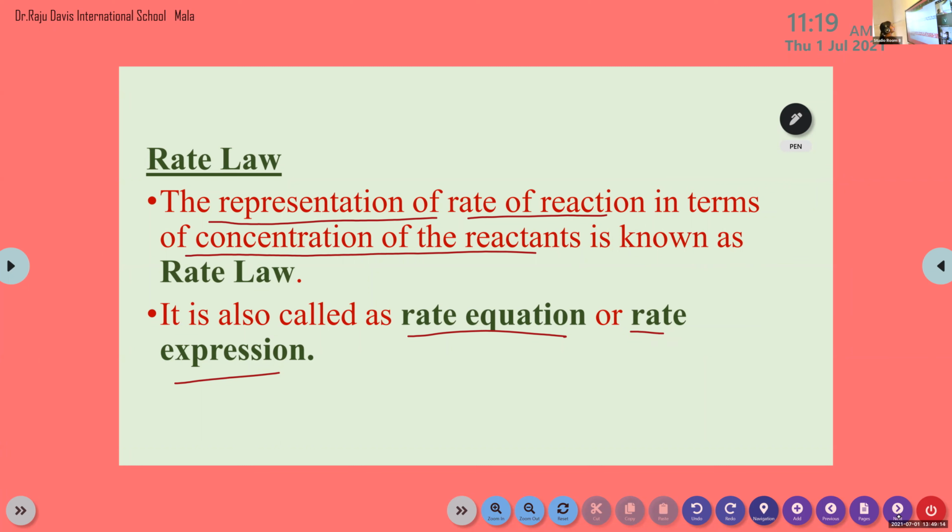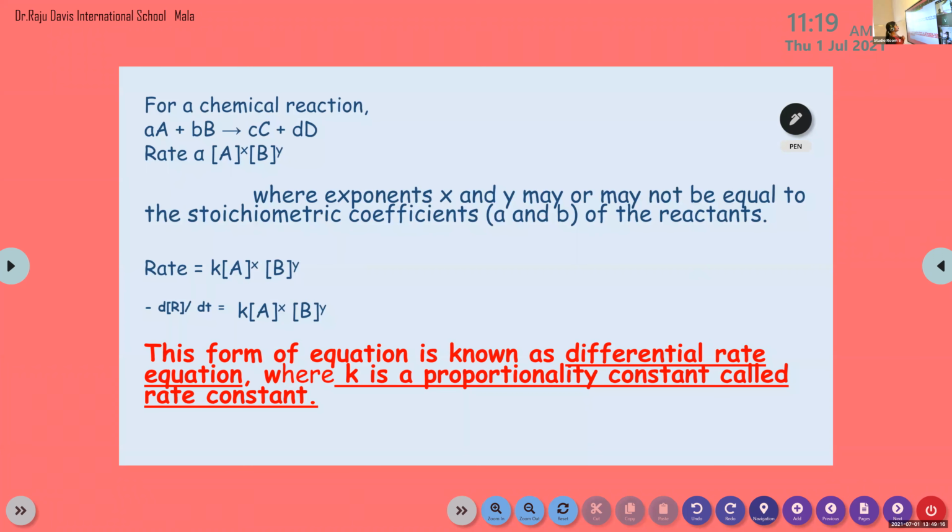We are considering the chemical reaction aA + bB gives cC + dD. The small letters a, b, c, d are the stoichiometric coefficients. That means, in order to balance the chemical equation, we add certain coefficients, that is the small letters a, b, c, d.